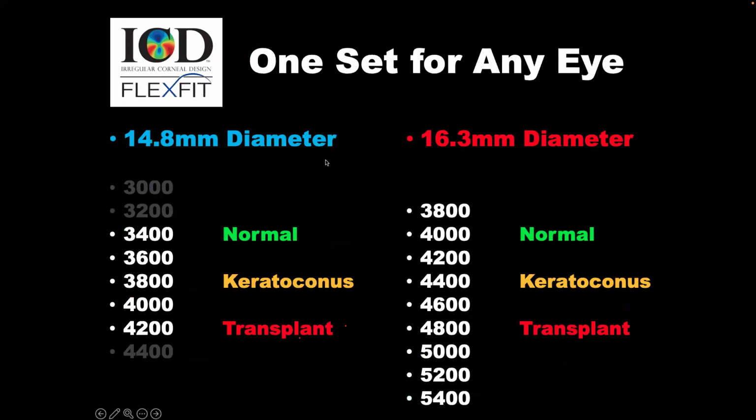And as you can see here, it's going to be 3400, 3600, 3800, 4000, and 42. So it's just 200 micron steps on SAG. And like I was mentioning before, if you are 500 microns above the 4400, just drop down to a 42 and assess the lens for a better fit.